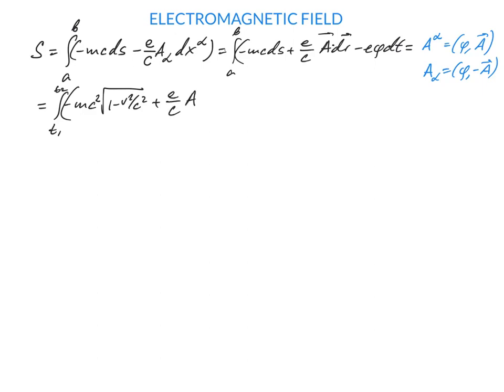So here we have A dot dr by dt, but that's v, the velocity of the particle. And then there's a minus e phi from the last term. So all of this is integrated over t. Now, whatever sits in front of dt in the integral for the action, that's the Lagrangian.